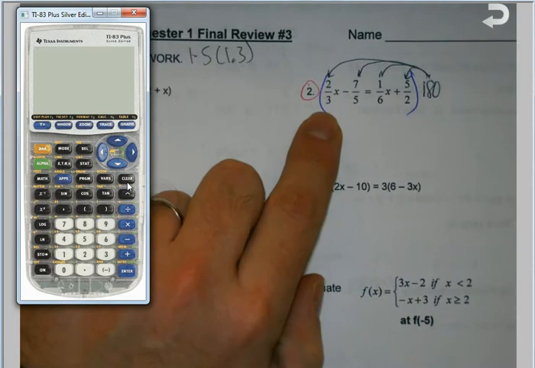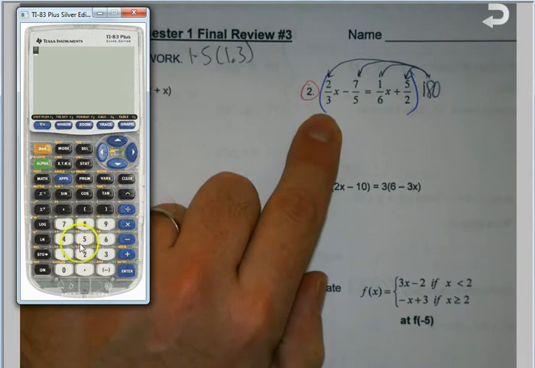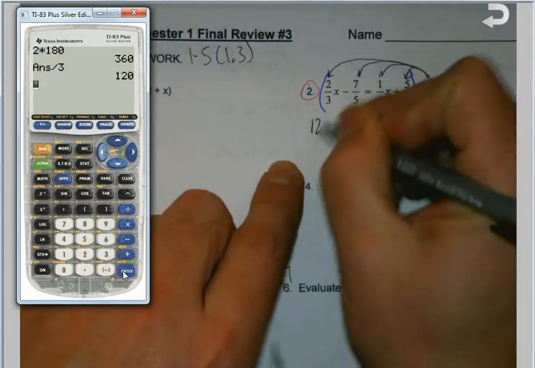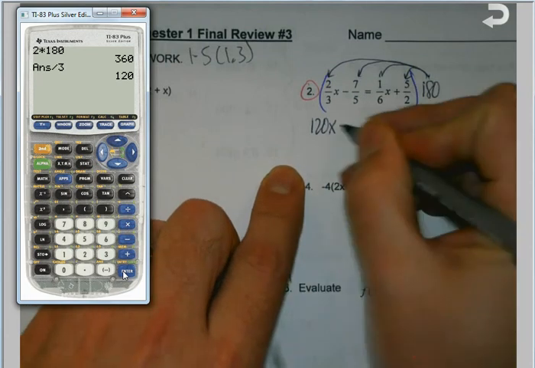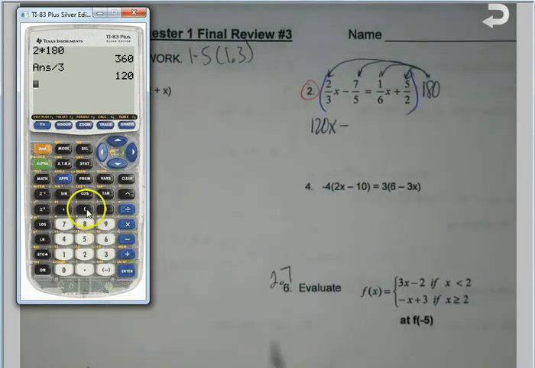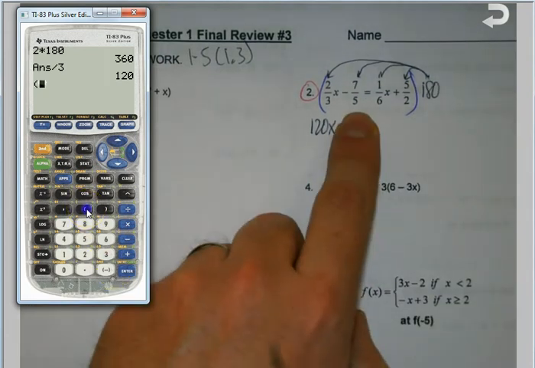I'm going to take each one, and I can either do like 2 times 180 enter divided by 3 enter and get it that way. That's one way I can do it for each one. Or if you don't want to deal with it that way, you can just do like 7 divided by 5 times 180.